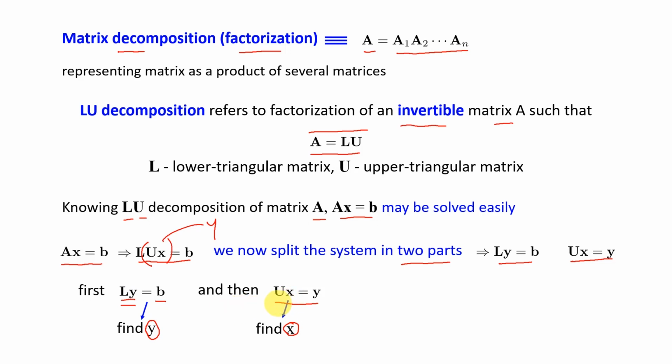There is no elimination process involved here. In upper triangular matrix, you start from the bottom and then go one step at a time and go up to the top. In lower triangular matrix, you start from the top and then you solve for y1 first, then you get y2, y3 etc. You come up to yn.